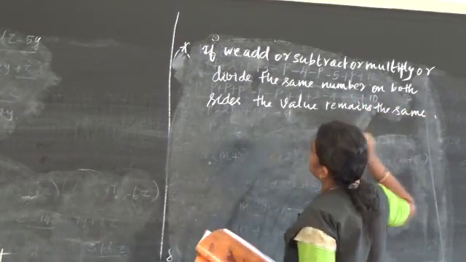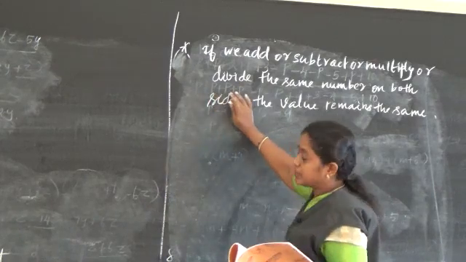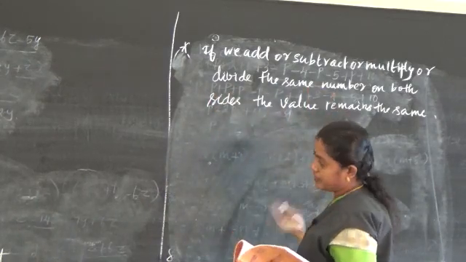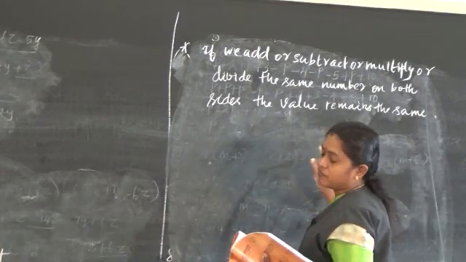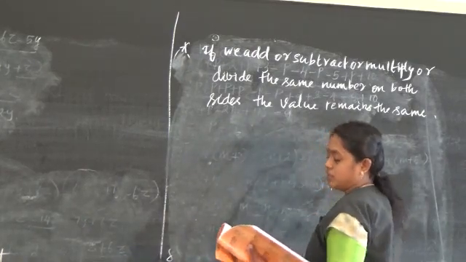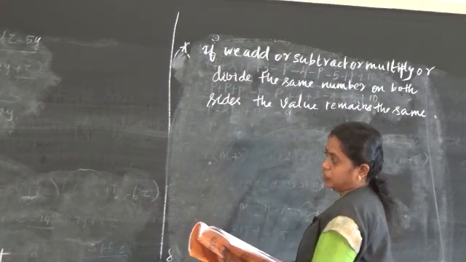Don't forget this property. If you are adding or subtracting or multiplying or dividing the same number on both sides of the equation, the value remains the same. It will not change the value.